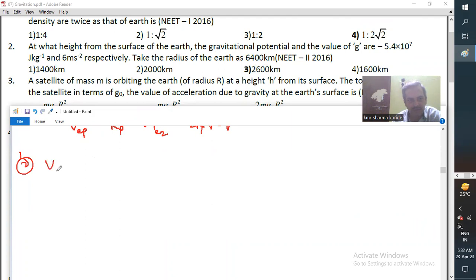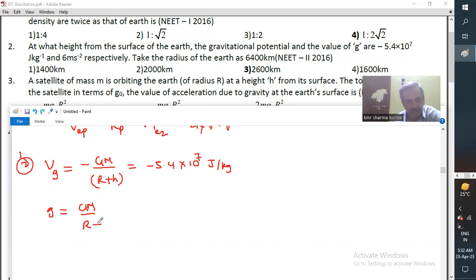Get back the gravitational potential formula, minus GM by R plus h. We are looking for the h value, and the g value is also mentioned. This value is given as minus 5.4 into 10 to the power of 7 joule per kg. Now g is GM by R plus h whole square, and it is given as 6.